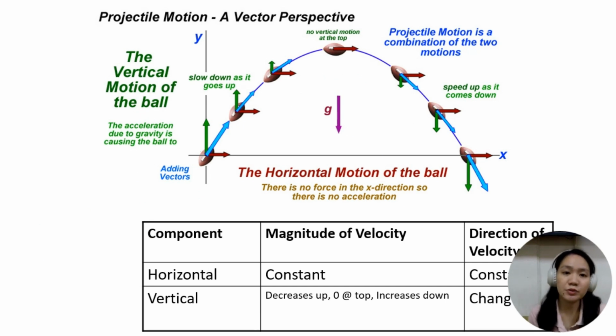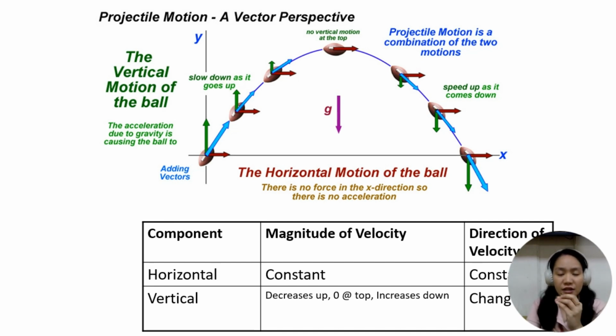On the screen, you will see the x and y motions or velocity of a projectile as it goes up. You can see from the green arrows, which represent the vertical velocity of the object as it goes up, that the arrows are getting shorter and shorter. And then at the highest point, the apex, you won't see any green arrow. This indicates that the object is slowing down as it goes up.